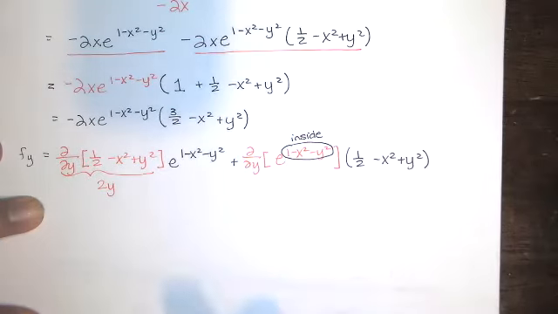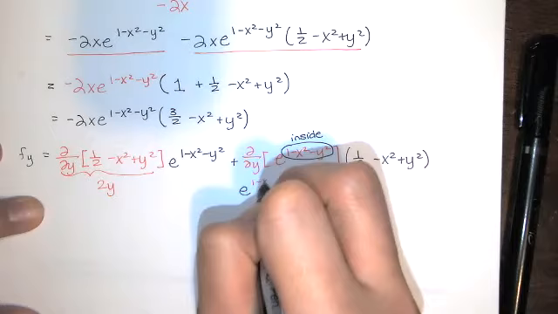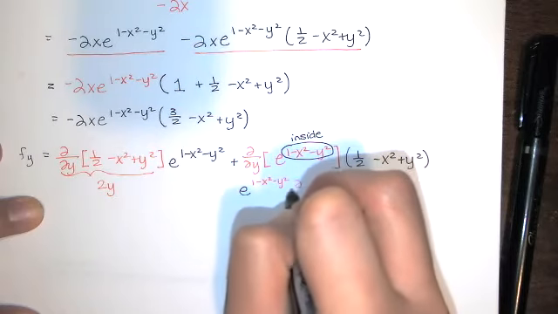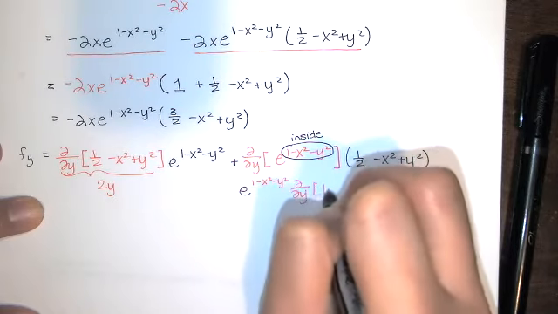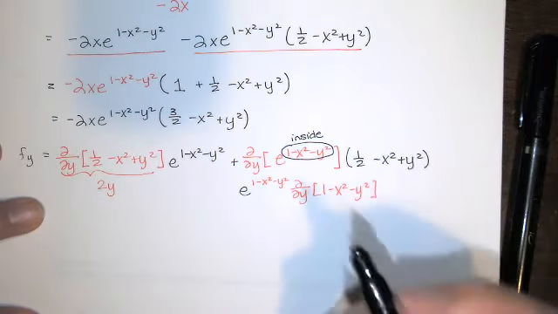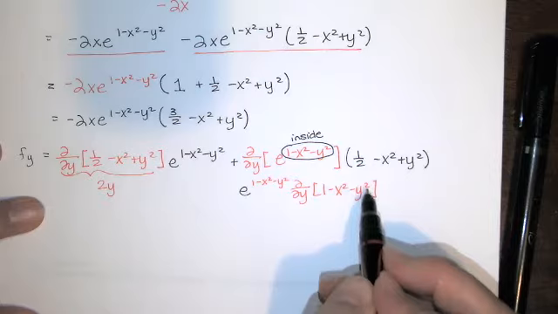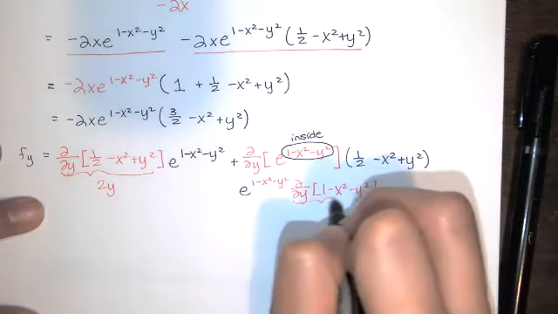The derivative of e to some power is e to that power, times the derivative of the inside with respect to y. And the derivative of the inside with respect to y is 0 minus 0 plus the derivative of negative y squared, which is negative 2y.